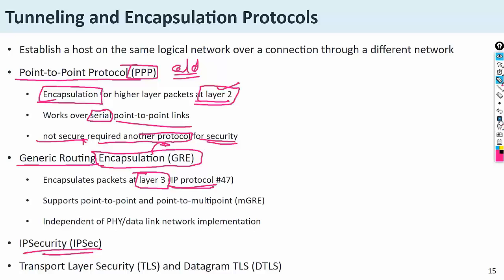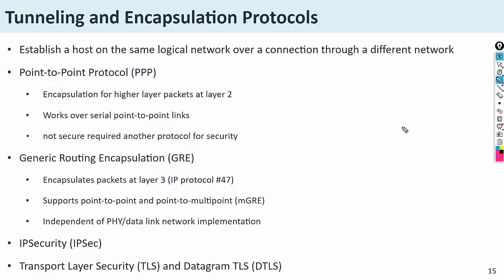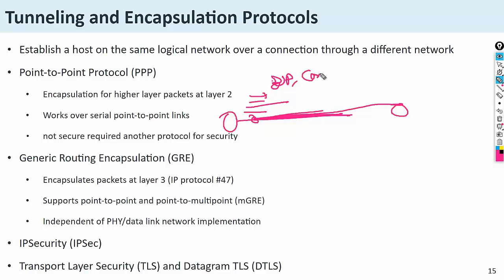Encapsulation means adding some headers to identify your packets. Like there is a lot of traffic going on one road, but there are some vans and cars, four-wheelers, having the flag of the BJP or the flag of the Congress party or the flag of the AAP party.